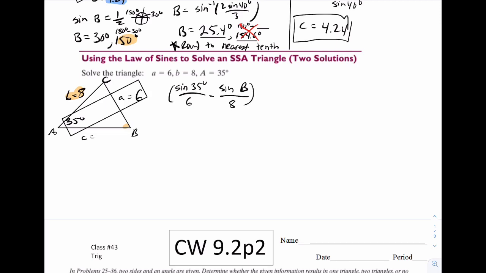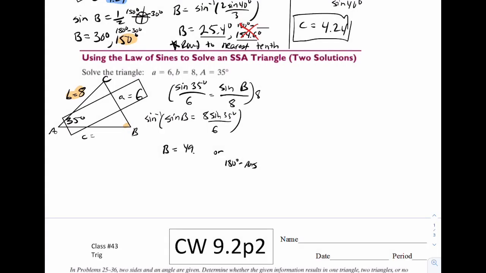Let's multiply both sides by 8. So sine B should equal 8 sine 35 over 6. We're going to sine inverse this thing, and then you're going to get B, that is 49.9. And then we're going to get 180 minus that, and that would be 130.1. So now we have two answers there.